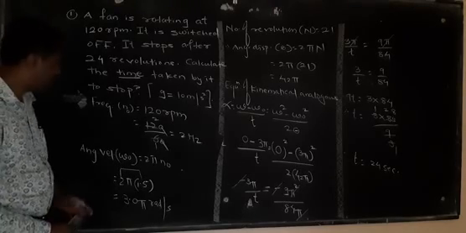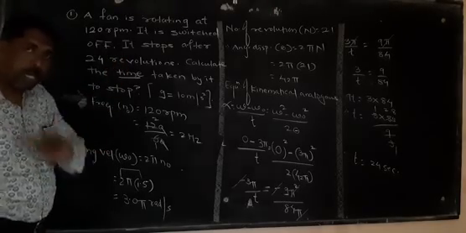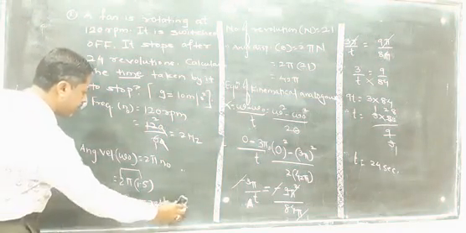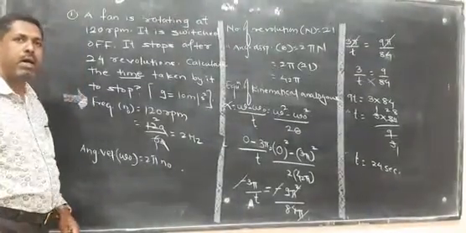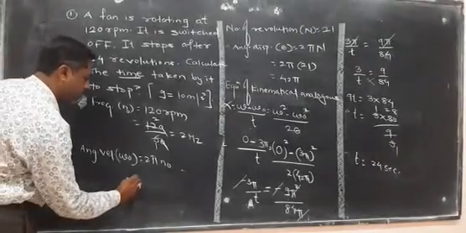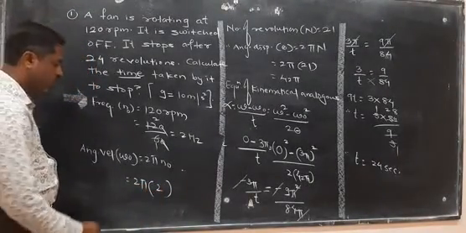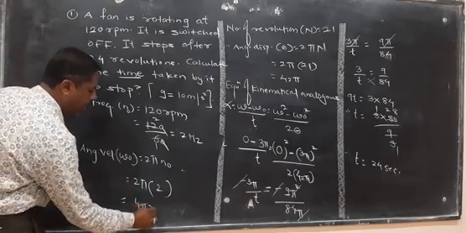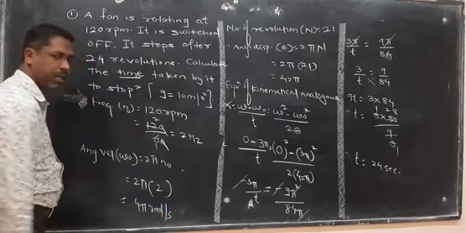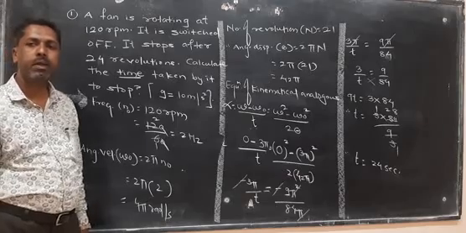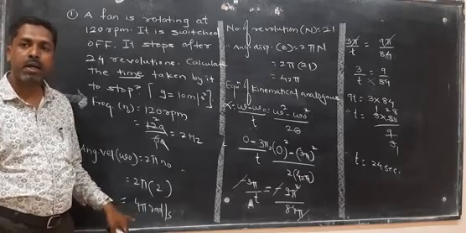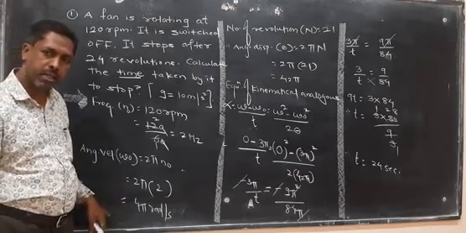So its initial angular velocity is 2 pi n0. We have calculated 2 Hertz, so it is 4 pi radian per second. You got the idea? Okay. So this is 4 pi radian per second angular velocity.